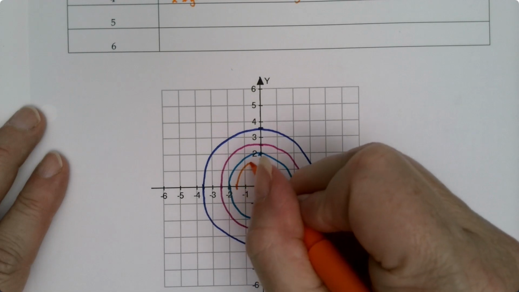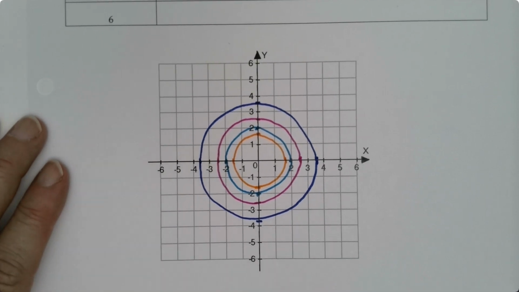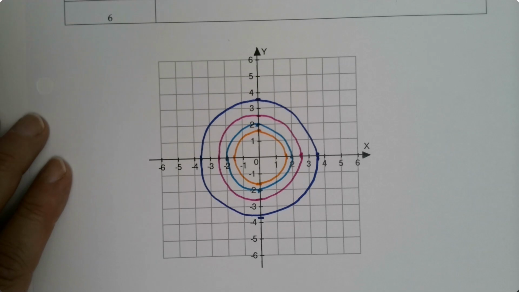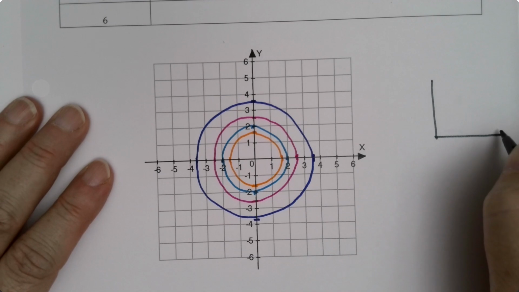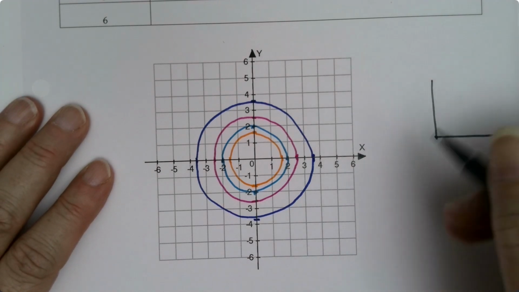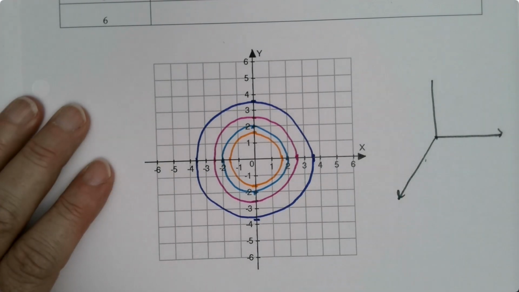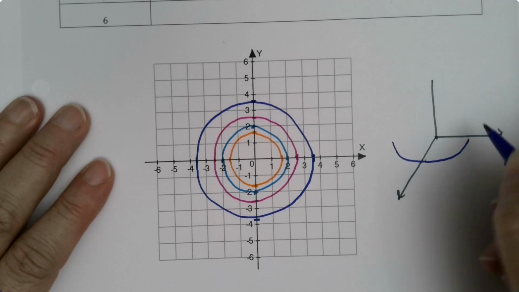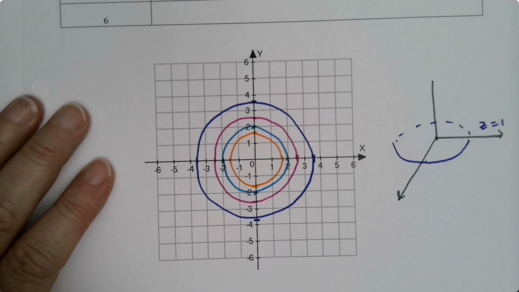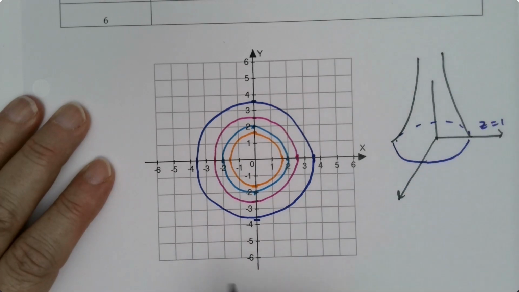So I'm going to draw my circle. Okay, so what's actually happening? If we imagine our three-dimensional object here, I'm not going to draw the axis. All right, so then it had a ring kind of at z equals 1. This was z equals 1, and then it was going up and shooting up like a volcano, right?